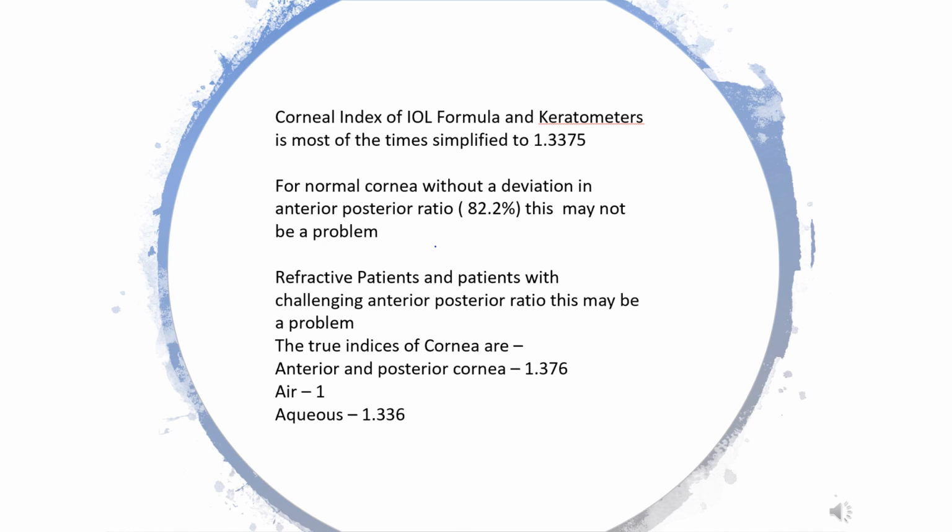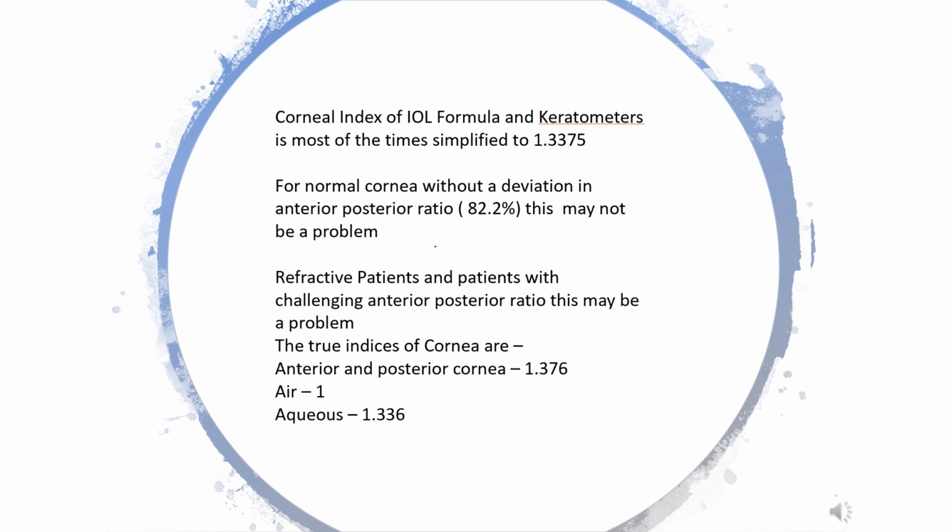Now this is okay. When the keratometers take 1.3375, which is not the true index of the cornea, it works okay with normal patients. But when it comes to post-myopic Lasik patients, taking a simplified 1.3375 corneal index may not work very well.